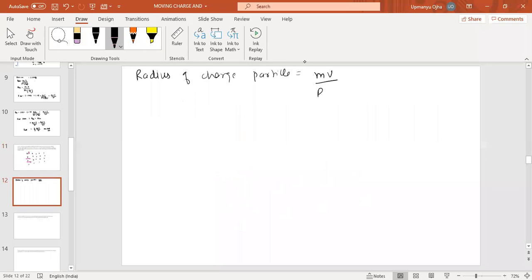This is the radius of the charged particle when it is moving in a magnetic field. So can we say the velocity of the charged particle will be equal to how much? B q r by m.